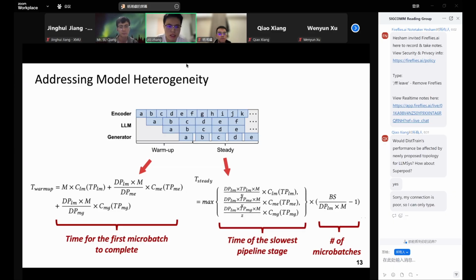In DistTrain, the encoder is written into Megatron LLM, and the generator is also integrated into Megatron LLM. For algorithm designers, writing code into Megatron LLM is not very simple. So the abstraction may be similar, but the actual implementation could be different.